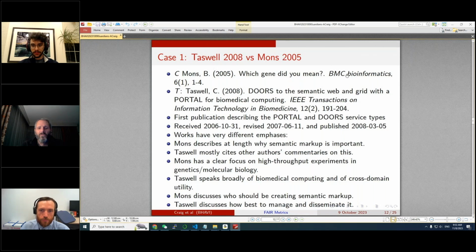Mons's work is mostly about who should be responsible for creating semantic records, and he's specifically focused on genetics and molecular biology works, whereas Carl Taswell in Doors to the Semantic Web and Grid with a Portal for Biomedical Computing is introducing the PORTAL-DOORS project, which is a proposed solution for creating infrastructure to make it easier to manage and distribute hybrid, both semantic and lexical metadata records.